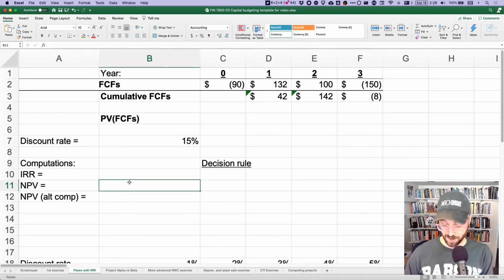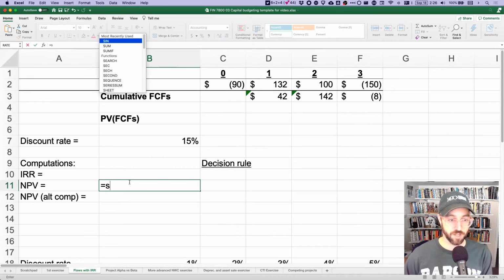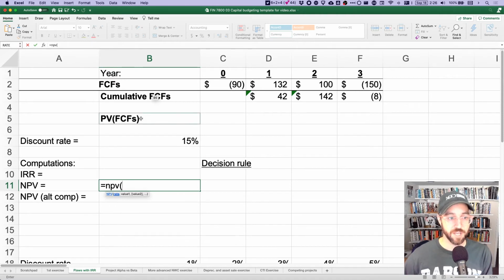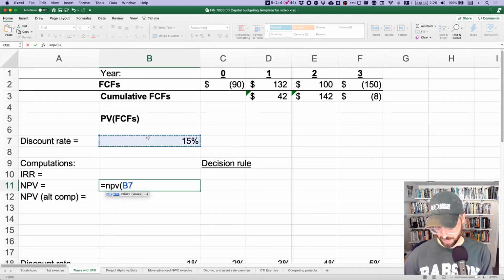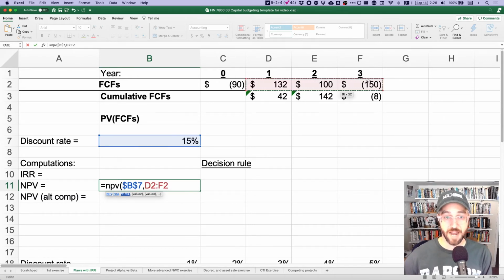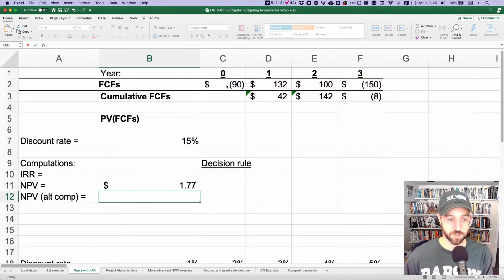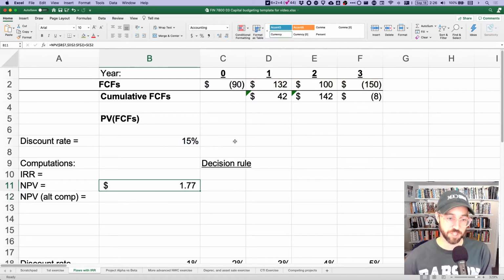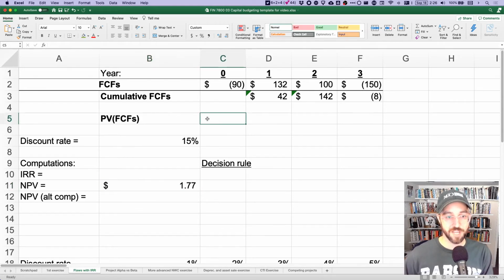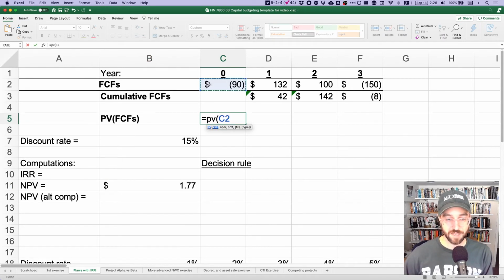So if we just calculate the NPV for this project using the 15% discount rate, then put in all of the future cash flows, not the cumulative cash flows, not the year zero cash flow, but just all of the future cash flows, some positive and some negative, and then add in at the end that extra year zero cash flow, we'll see that this project appears to have a positive NPV, an NPV of $1.77 million.